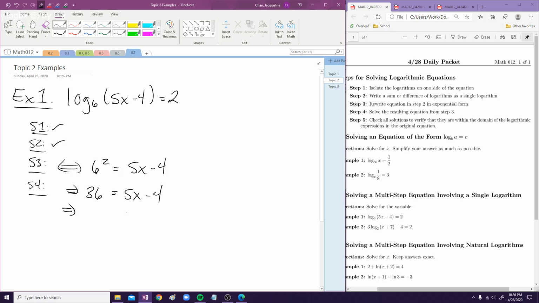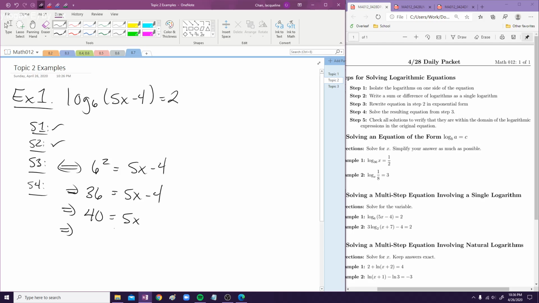I want to get x by itself, so I'm going to add 4 to both sides. When I do that, I get 40 equals 5x. Not only do we want x by itself, but we want it to have a coefficient of 1. In order to do that, we're going to divide both sides by 5, or you can multiply both sides by 1/5. It's the same thing.